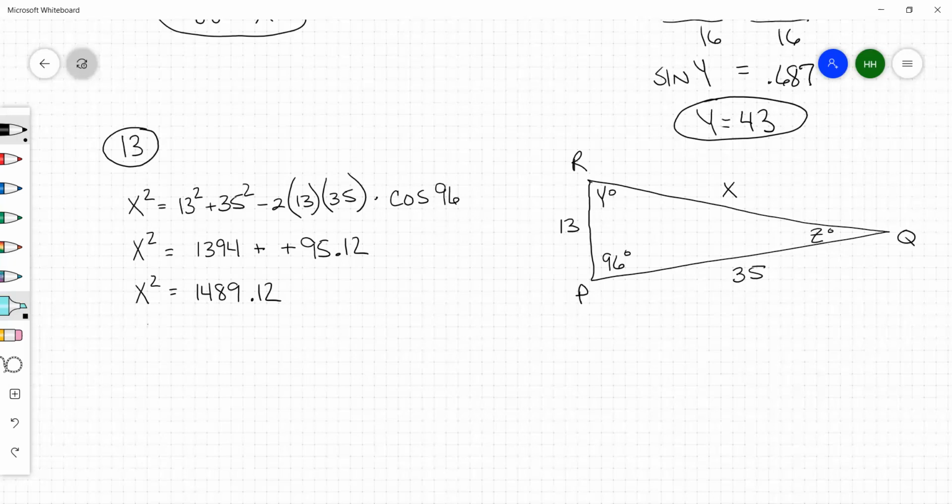What do y'all get? 38.6. What are we doing on side lengths? Side lengths to the nearest tenth. So 38.6 on that side length. So there's your X value, 38.6.